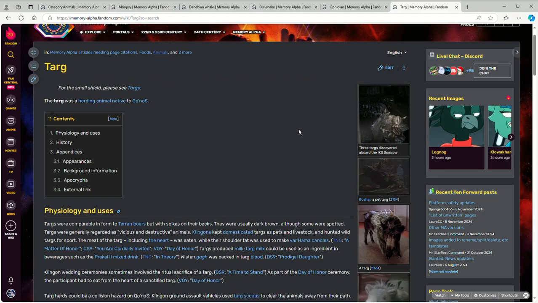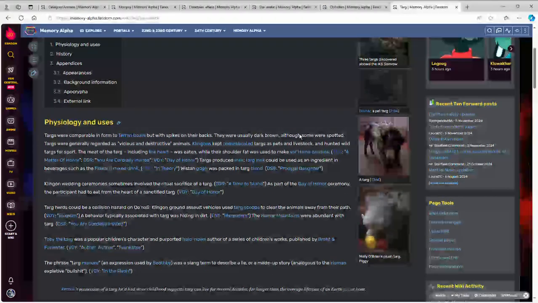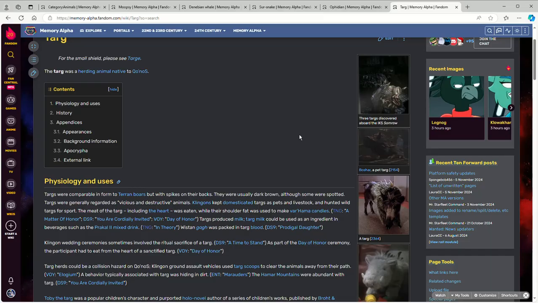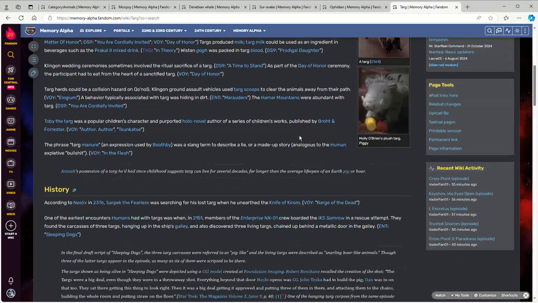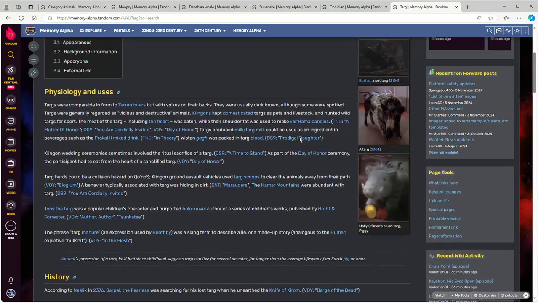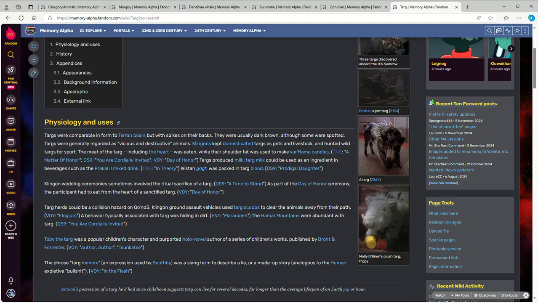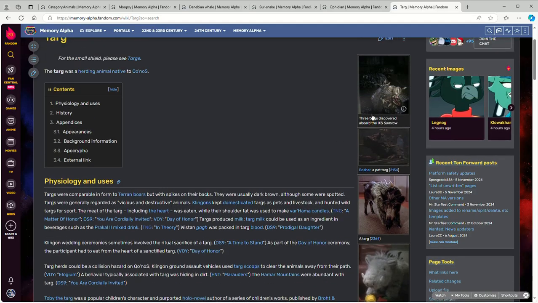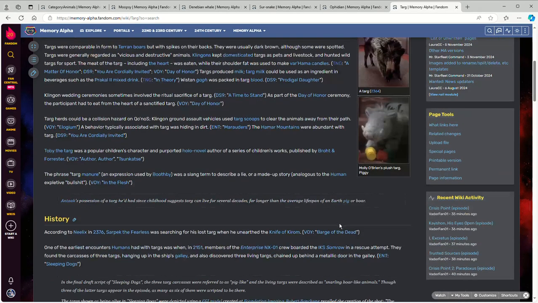Targs, because they've been used so many times, you see them looking a bit different in different times they've been used, because most of the Targs you see are either CGI creatures or in some cases a practical effect by taking a real pig and dressing it up to look weird.